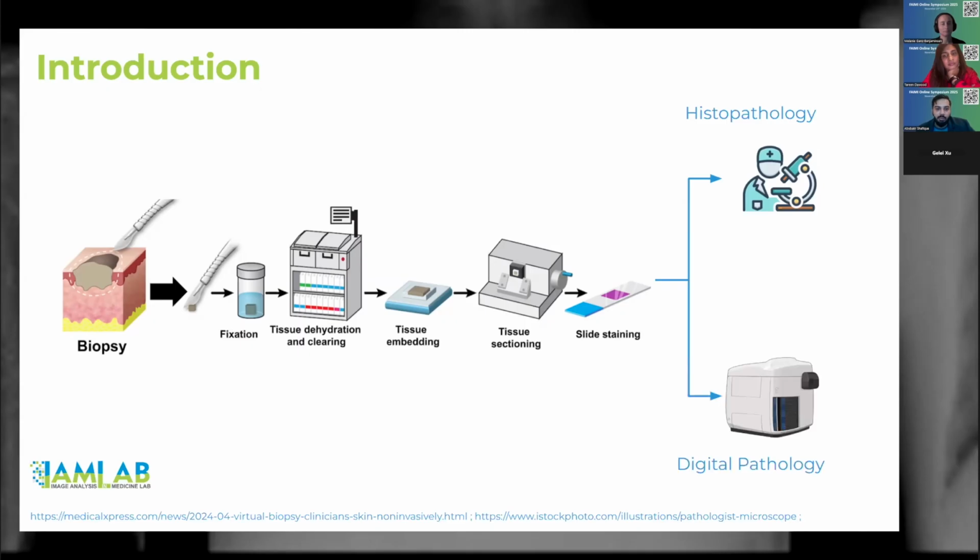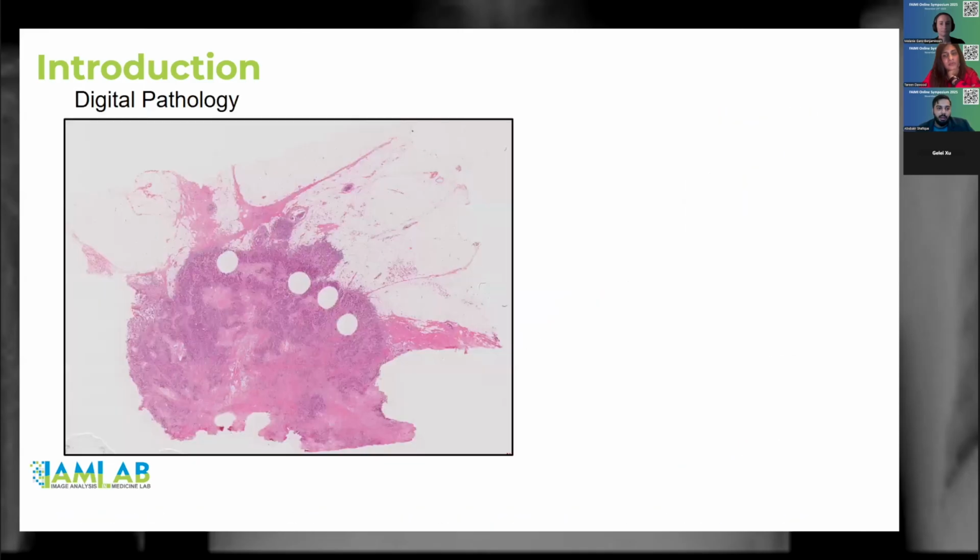But now, with the advancement of modern tools, we can digitize the whole slides and perform some automated tasks. With digitization, there are its own unique challenges. When we digitize those glass slides, we end up with gigapixel high resolution images with cellular level details.